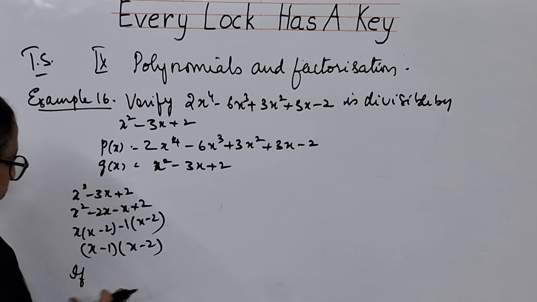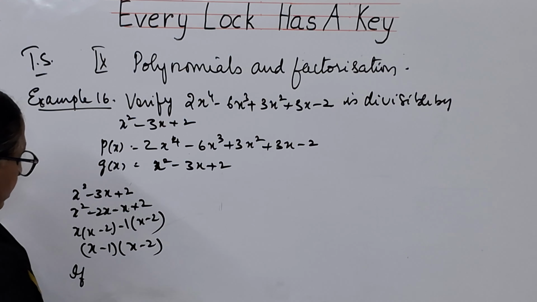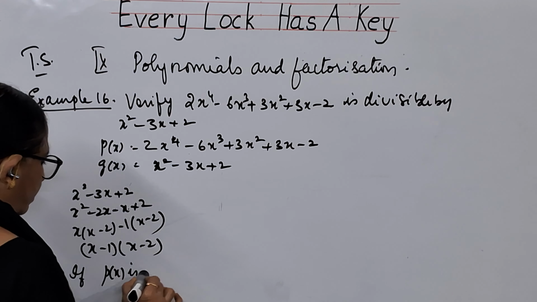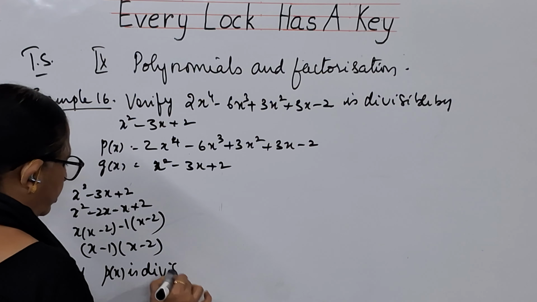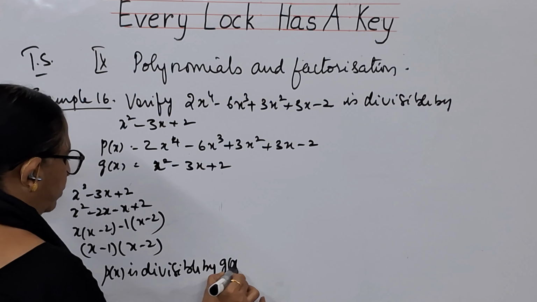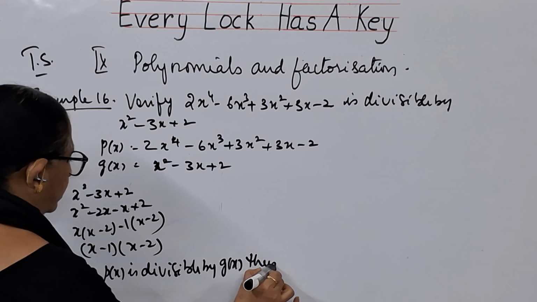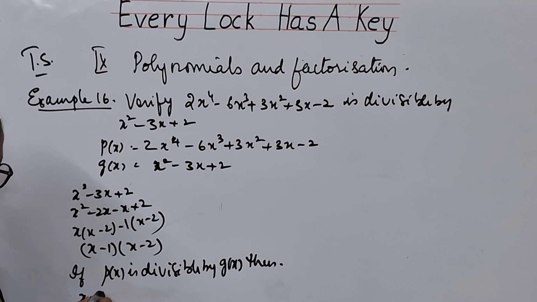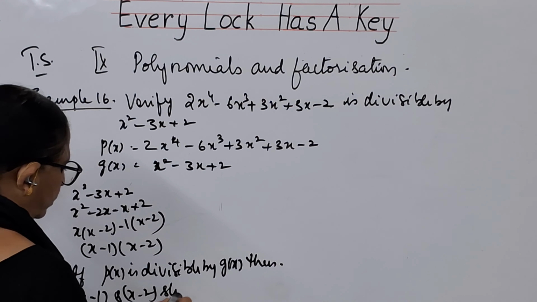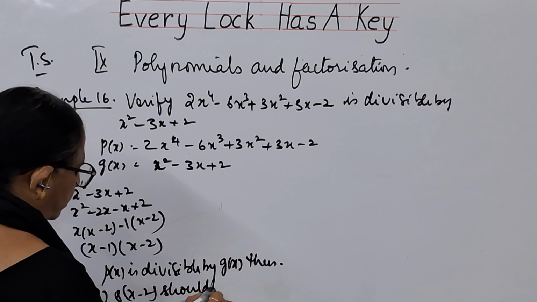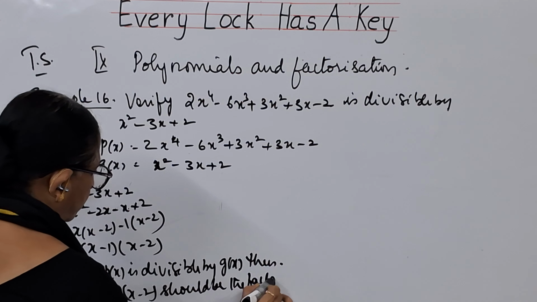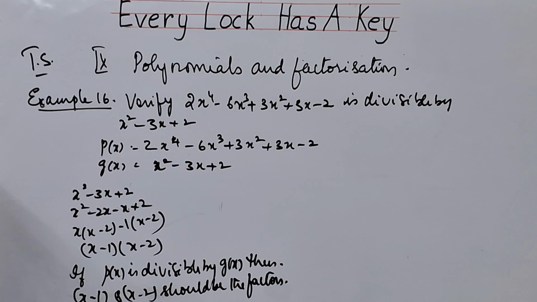If p of x is divisible by g of x, then x minus 1 and x minus 2 should be the factors. Both of them should be the factors.